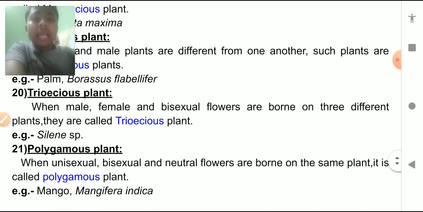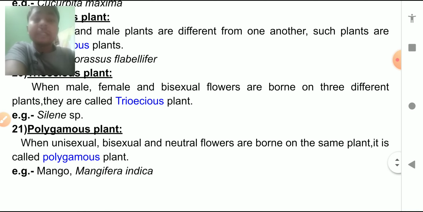Next, the polygamous plant. This is very interesting, because from the name you can imagine something.